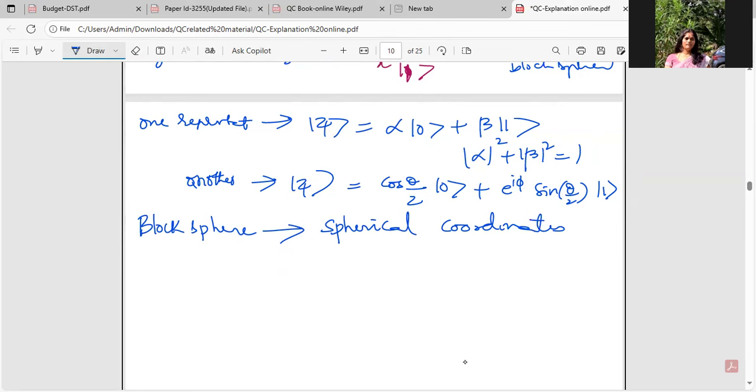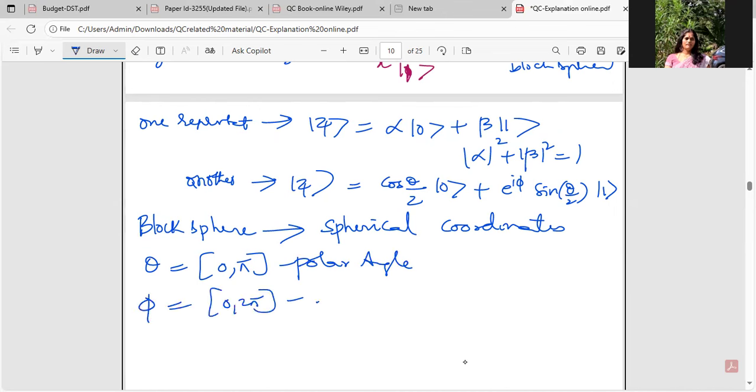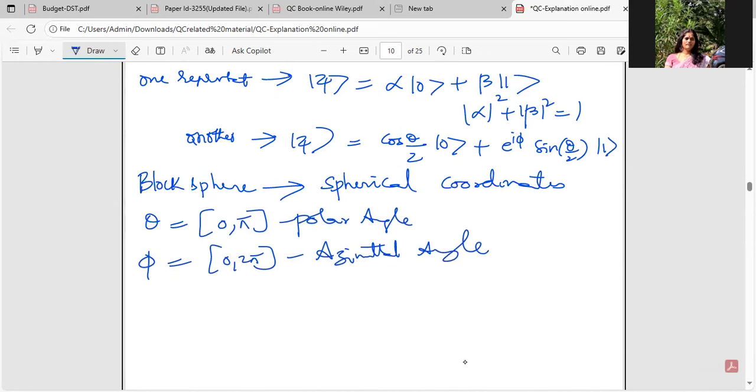Theta is the angle from 0 to pi, the polar angle. Phi is from 0 to 2 pi, the azimuthal angle. Of course, r is my radius. Of course, r is not there here.